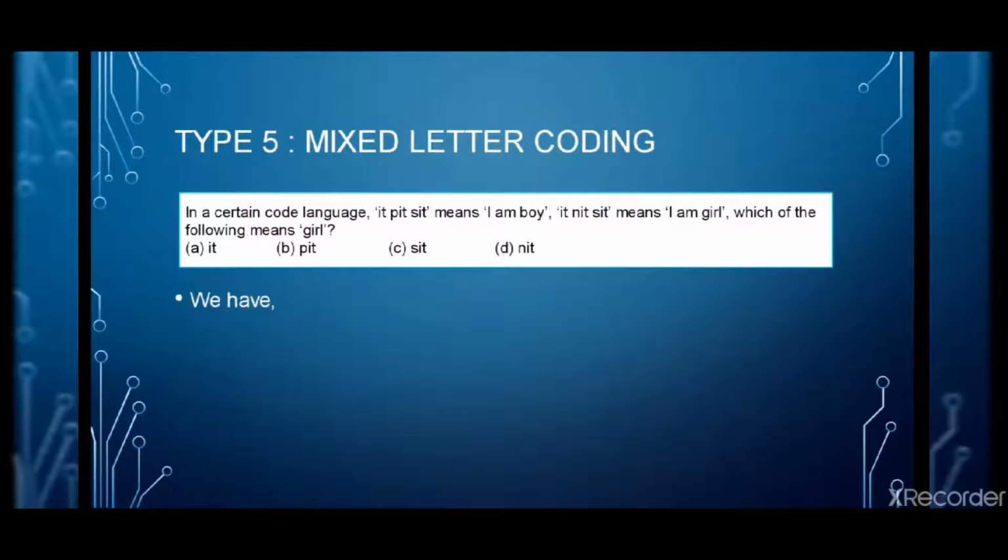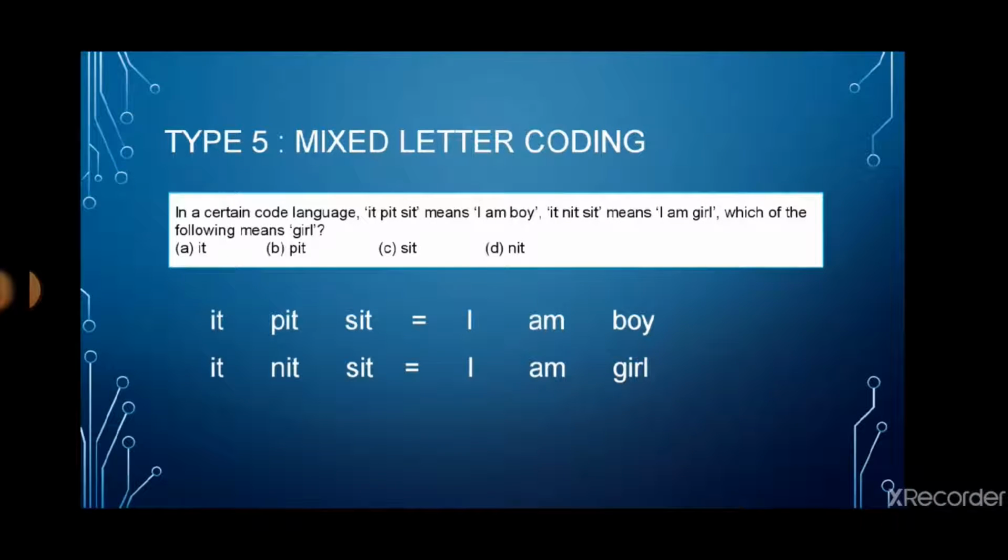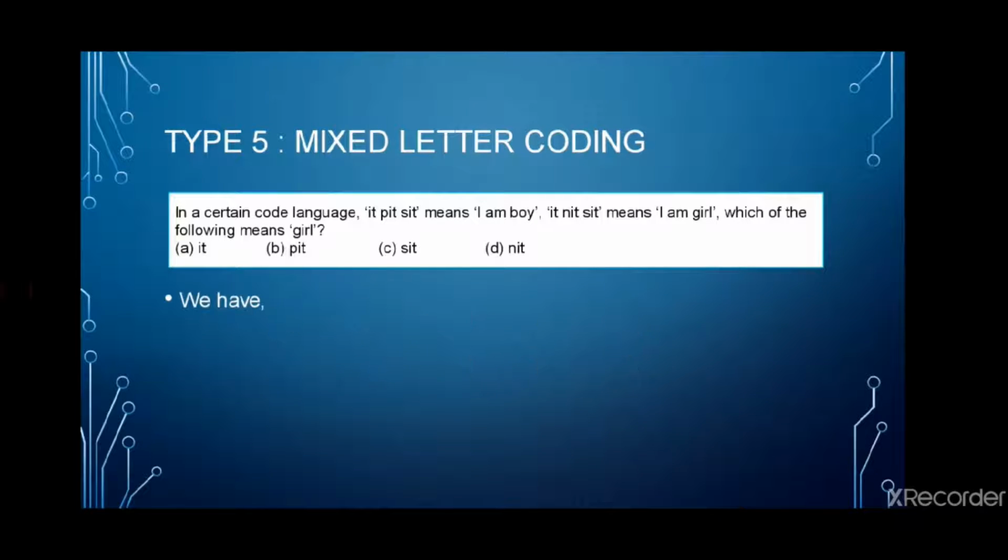Now, how to solve it? First, you write whatever the code and the meaning that is given in a straight line. Here I have written both the codes and their meanings. Next, you have to find out the common words in the code as well as the actual sentence.